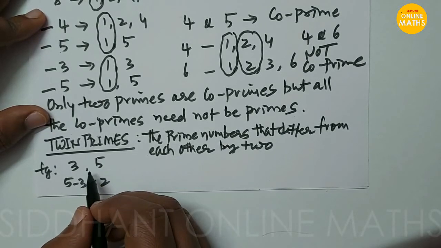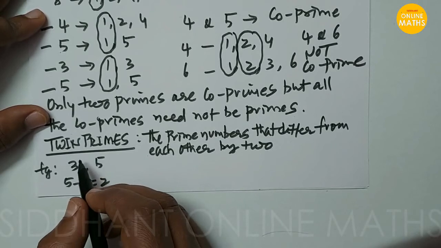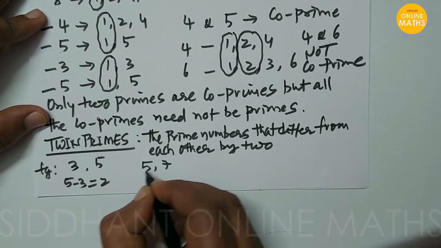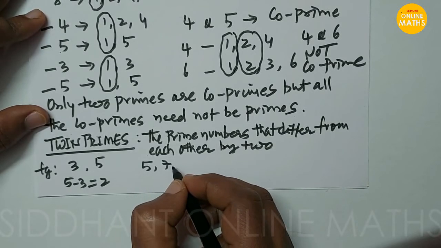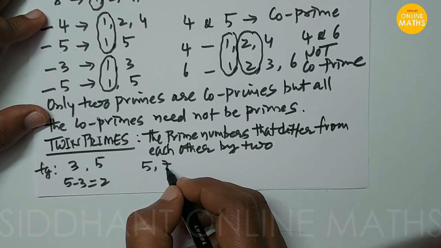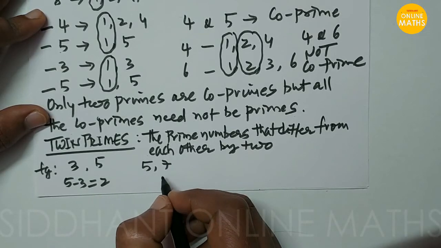When the difference between 2 prime numbers is 2, we can say the numbers are twin primes. Similarly, 5 and 7 are prime numbers and twin primes, because the difference is 2.